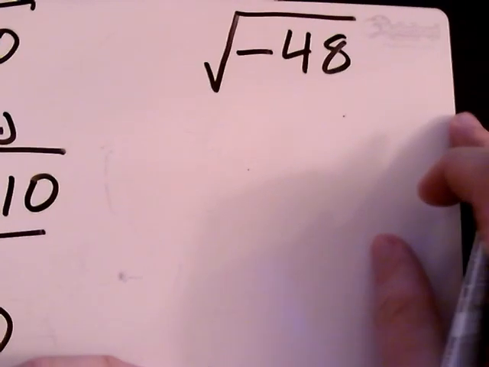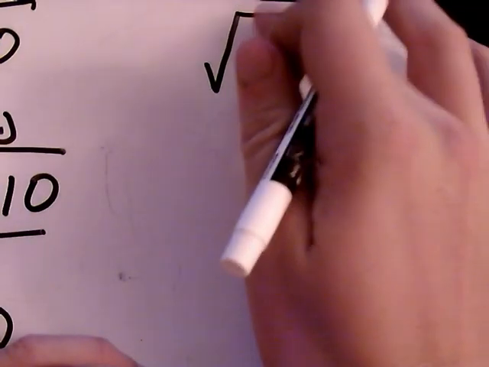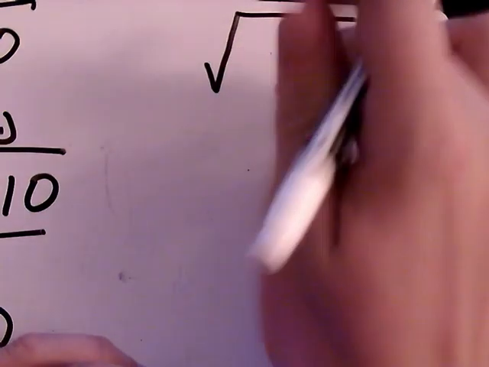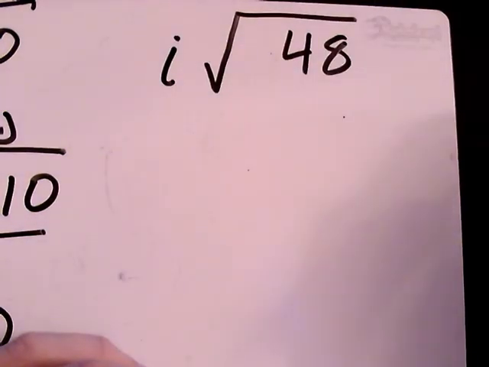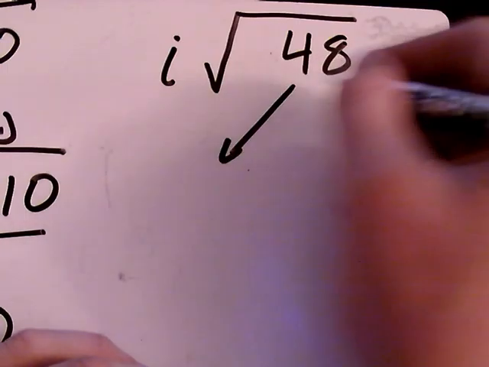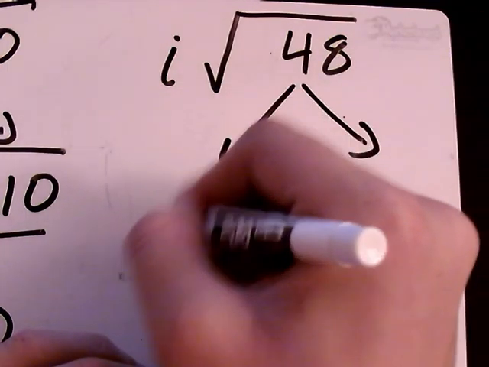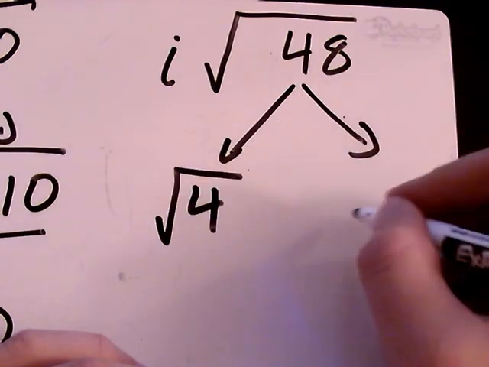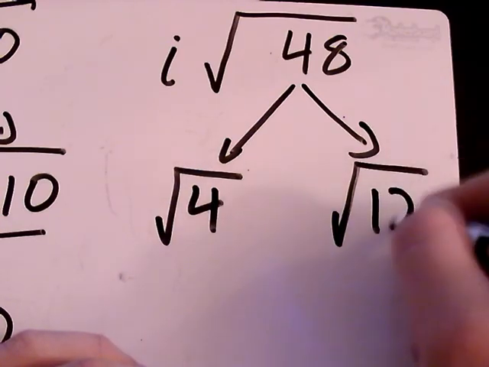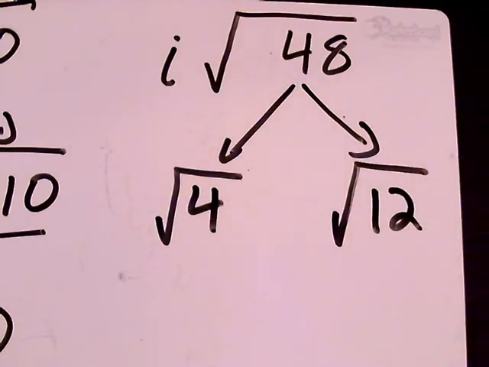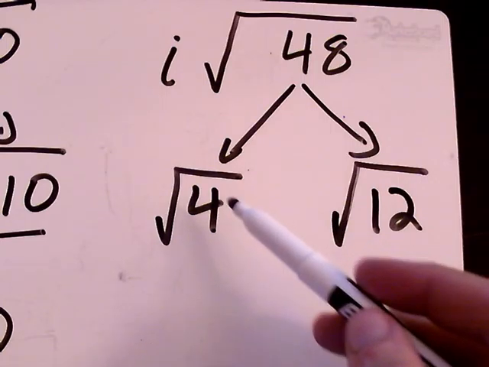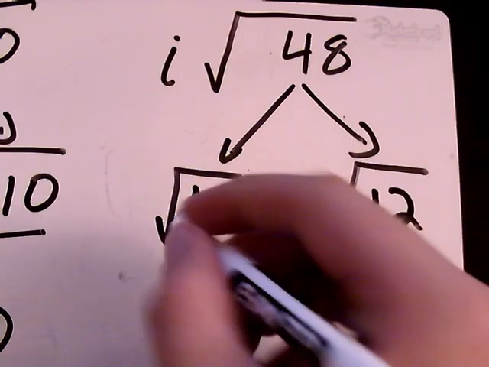Here's another example, the square root of -48. Once again, just to make life easier, let's move the i to the outside. There are multiple ways to do this one. I'm just going to do 4 and 12. There are probably other perfect squares, but I chose 4.